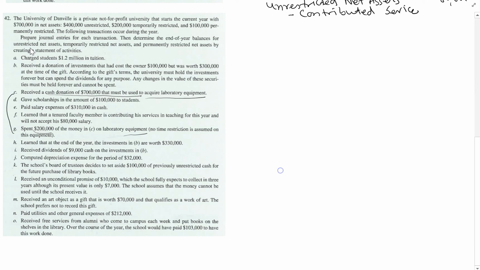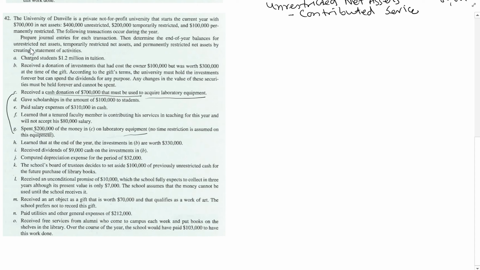So one additional entry you need to do is to reclassify your net asset portions. That means we will show that our temporarily restricted net assets is reduced, and we are taking it in as unrestricted net assets.